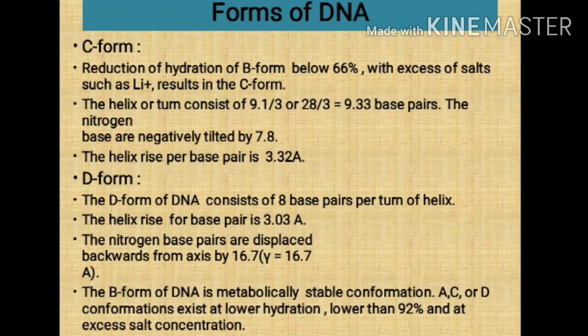Reduction of hydration of B form below 66 degrees with excess of salt such as lithium in vitro conditions results in the formation of C form of DNA. The helix turn consists of 9.33 base pairs.